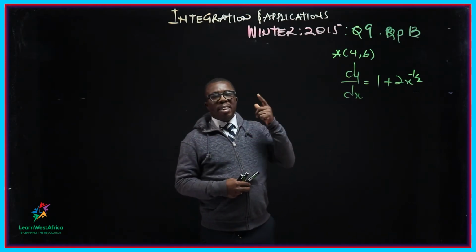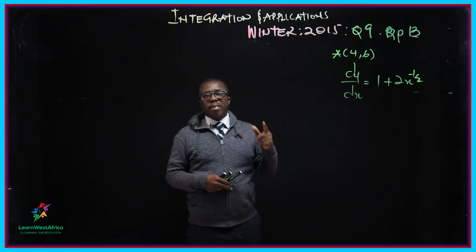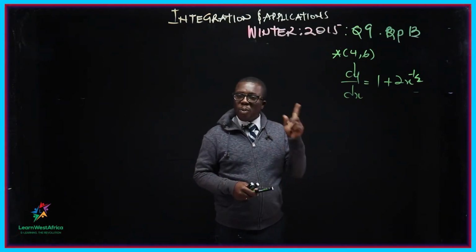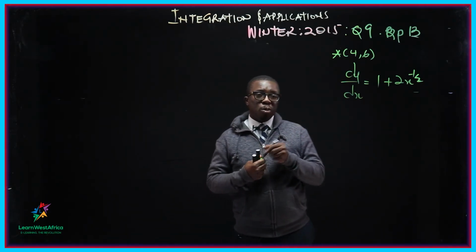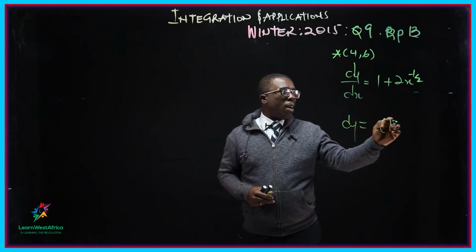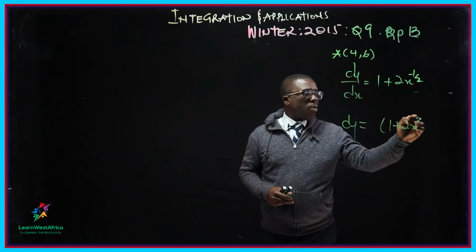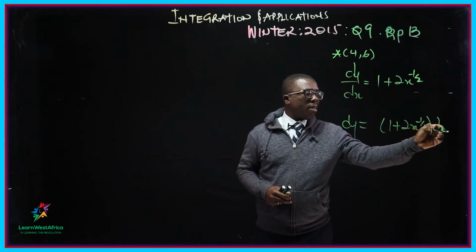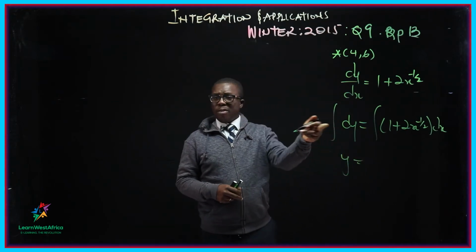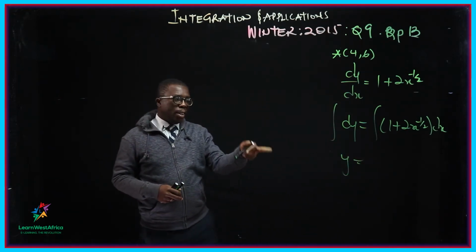Like we said, when you are given dy/dx, the anti-differentiation will produce the equation of y. So we'll integrate: dy is (1 + 2x) raised to the power minus half dx. The integral will take away the d, so we have y.